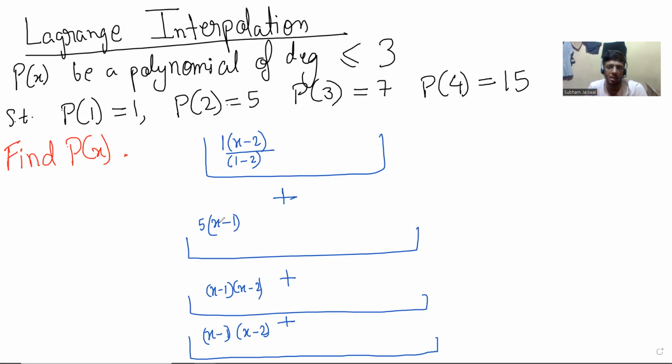So when 3 comes in, what would you want the first compartment to do? Nothing. You want it to vanish, right? When 3 comes in, you want the first compartment, the first monomial, to switch off.